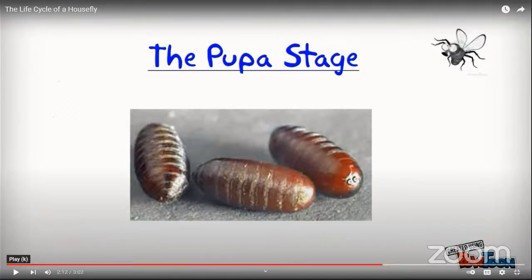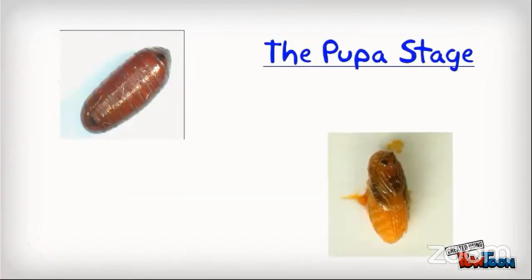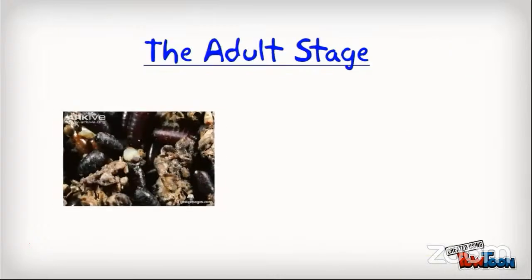Okay, good. It continues to change. It sheds its worm-like appearance and starts forming into a housefly. In about 3 to 6 days, an adult fly fully forms within the pupal case. This begins the fourth and final stage of the life cycle of a housefly, which is the adult stage.